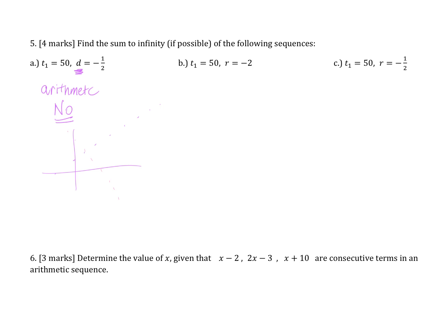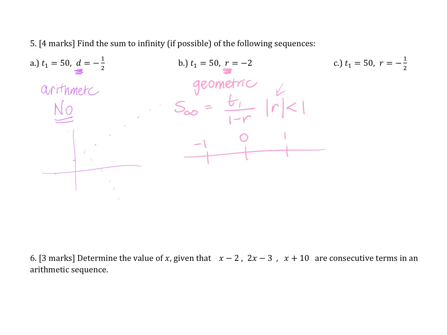Okay, the next one. We've got term 1, we've got an r, so we have a geometric sequence. But you'll know on your formula sheet, the sum to infinity equals term 1 over 1 minus r, but then there's this thing here that says the absolute value of r, or the magnitude of r, needs to be smaller than 1. So what this means, I imagine a number line, we've got 0 here, -1 here, 1 here.